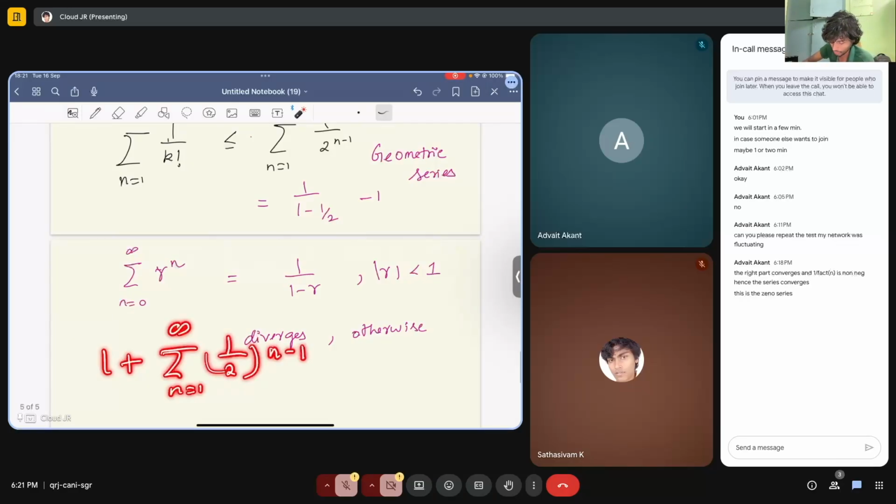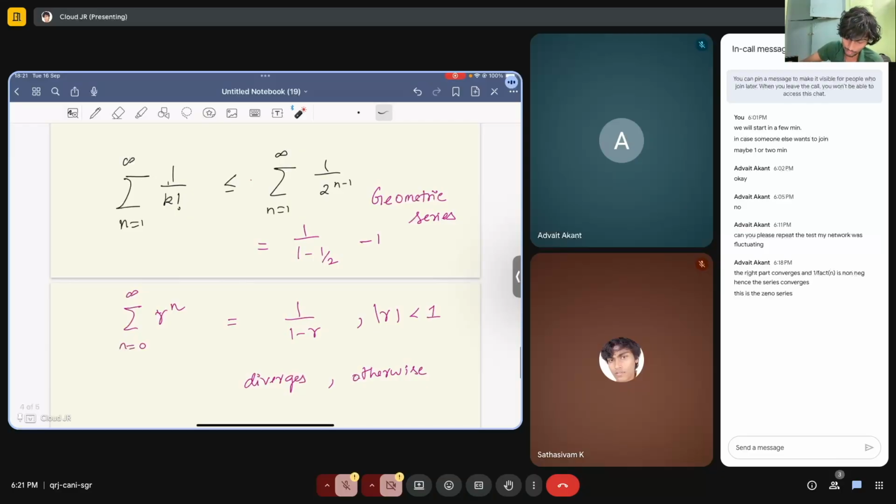Okay, wait, I think it's not a problem, because we are writing n minus 1, not n. So if you want to change this n minus 1 to n, then you can start with 0. So it's not a problem. This is the geometric series, and hence it converges.